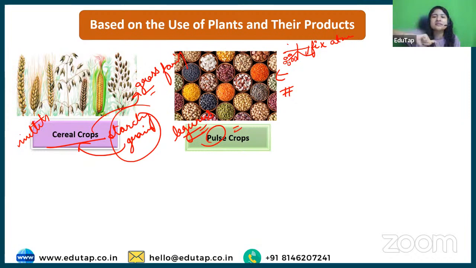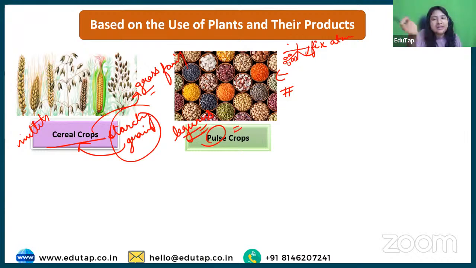Again, these things we are going to understand in detail in the further lectures, not in this particular lecture. ठीक है, अभी के लिए you just need to understand there is a speciality of legume crops or pulse crops, that the roots of these crops have the ability to fix the atmospheric nitrogen, the nitrogen that is present in the atmosphere, into the soil.